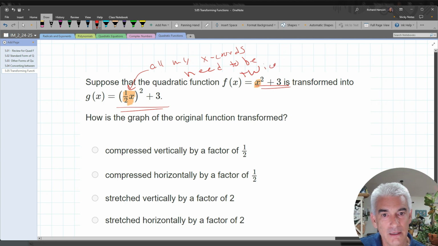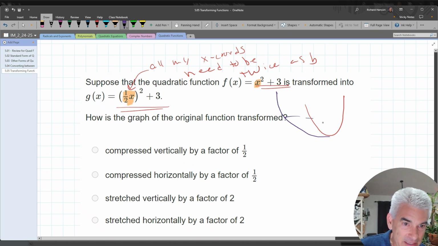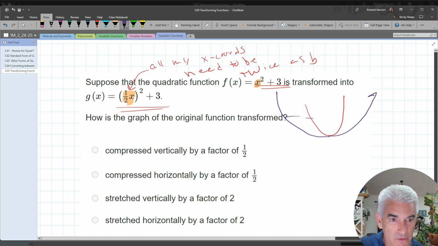So it forces the normal graph, which might look like this, to have all my x's bigger, because the first thing I'm going to do is cut them in half and then square. So it stretches them.